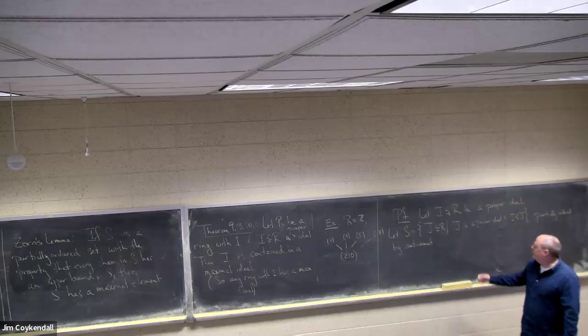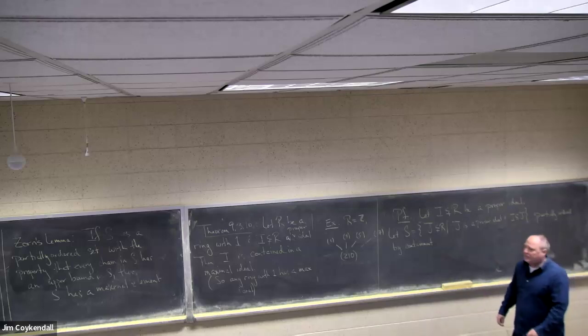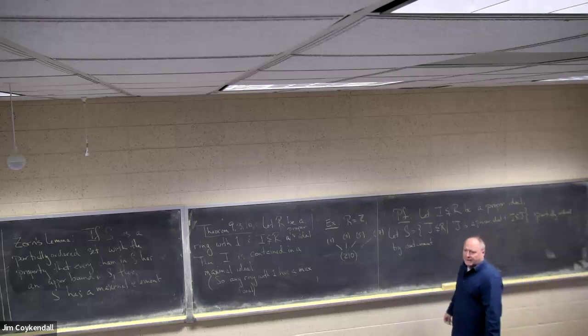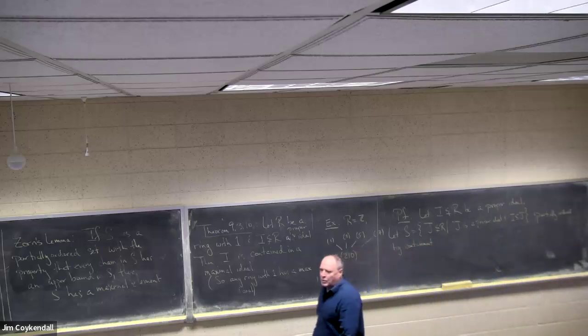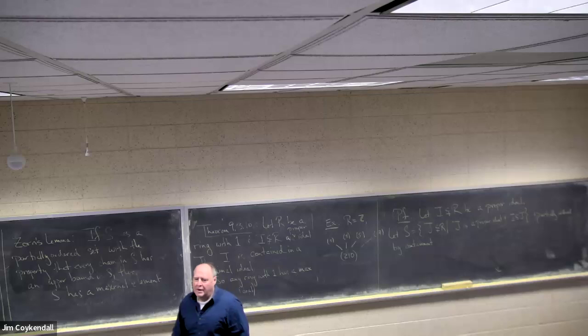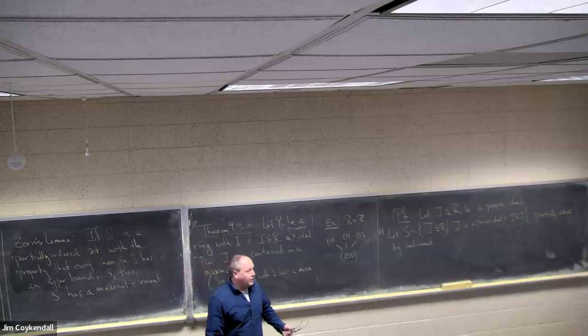This is a collection of subsets of R, ideals in particular, and we order these by containment. We say that J1 is less than or equal to J2 if J1 is contained in J2. And there may be many ideals that aren't comparable.